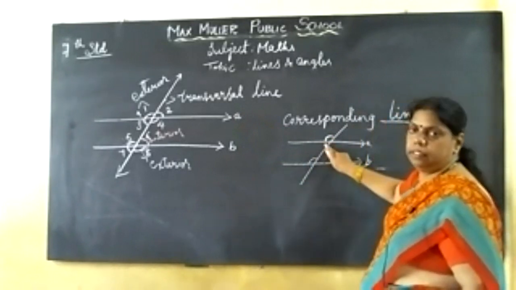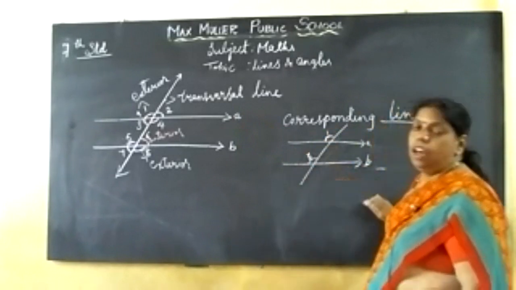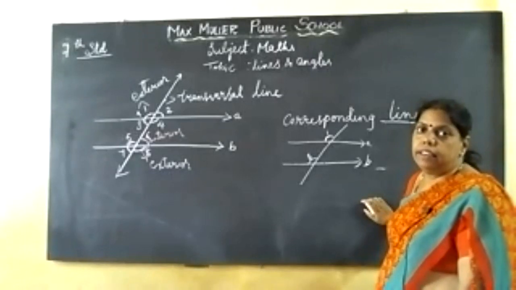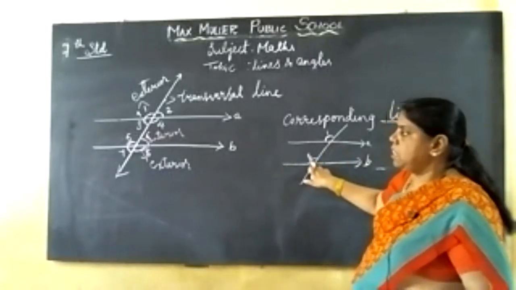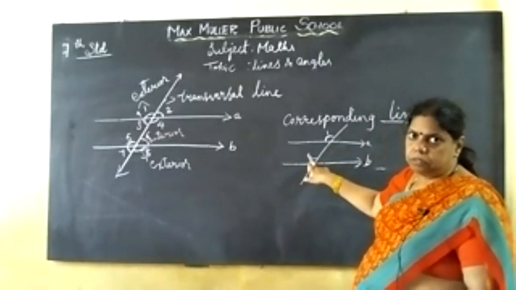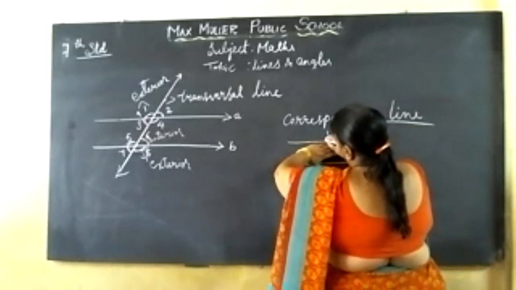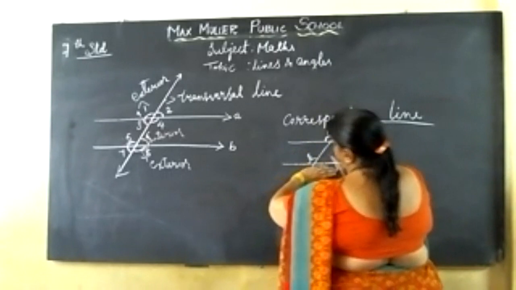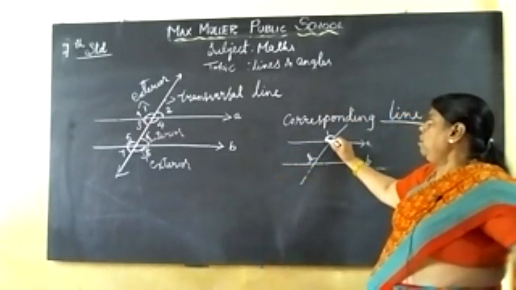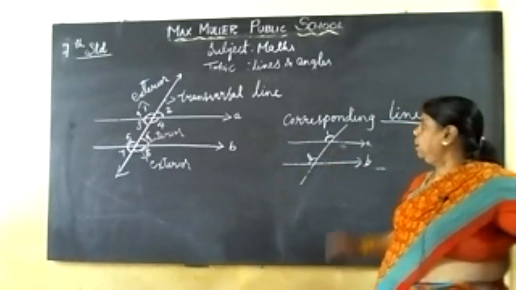Don't write here. Angle 1 and angle 5 will be the corresponding angles. Here, the same direction, but it comes in the interior angle. See here, how you have written the angle in this, in this also the same. This is a corresponding angle.